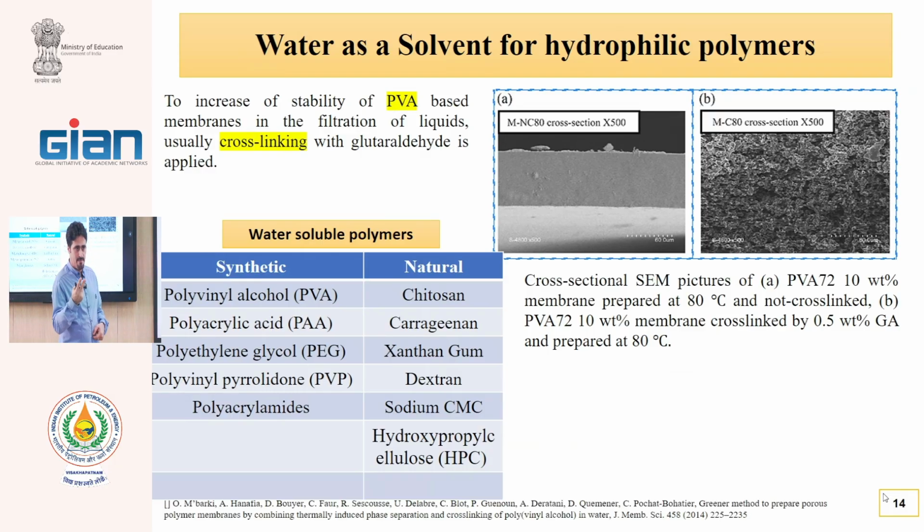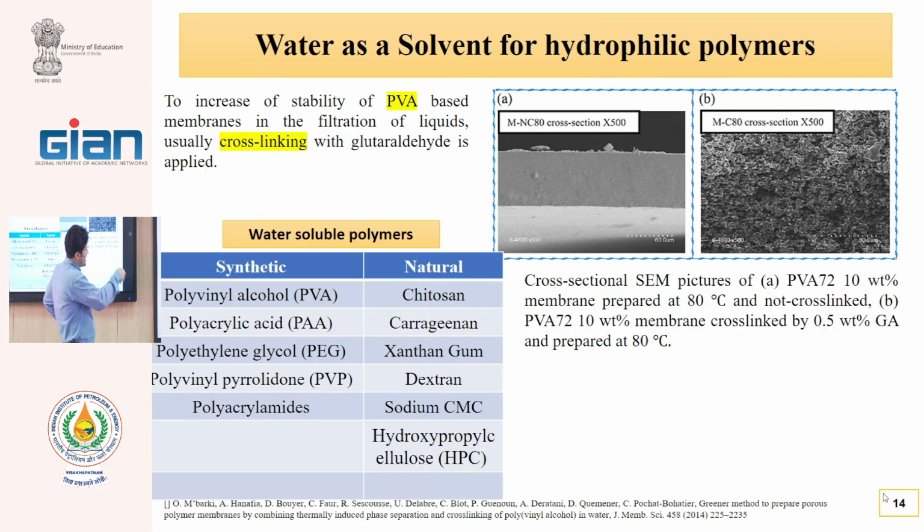We have two types of polymer, thermoplastic and thermoset. Thermoplastic can be dissolved in solvent, thermoset cannot. Thermoset means we have cross-linking between the chains. Solvents try to separate the chains, but cross-links do not permit it. Therefore, in the fabrication of water-soluble membranes, we must use a cross-linking agent to remove the solubility.